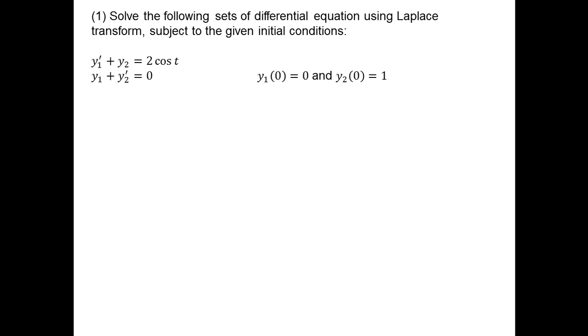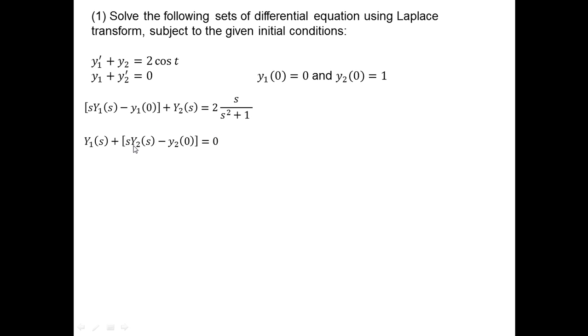If I take the Laplace transform of the first differential equation, I have sY1(s) minus y1(0), which y1(0) is the initial condition of the function y1(t), plus Y2(s) equal to 2s over s squared plus 1. S over s squared plus 1, in fact, is the Laplace transform of cosine t according to the Laplace transform table.